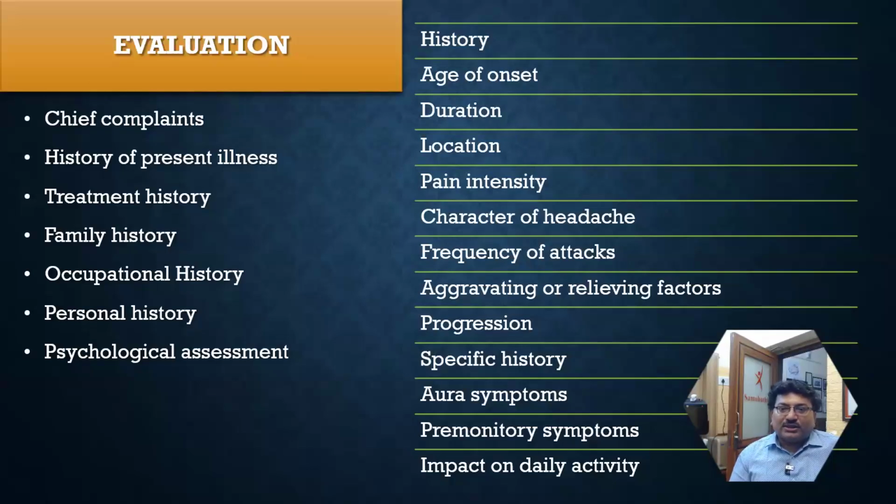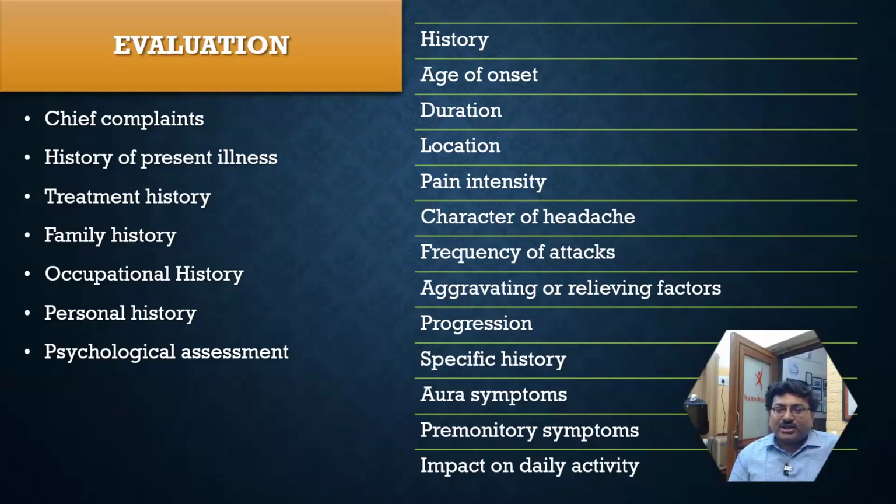So what are the points in the history taking? First of all, ask for the chief complaints, history of present illness, treatment history, family history, occupational history, personal history, psychological assessment. In the history, a few important points are the age of onset. Remember, there are certain headaches that are common in older age, certain headaches that are common in younger age.